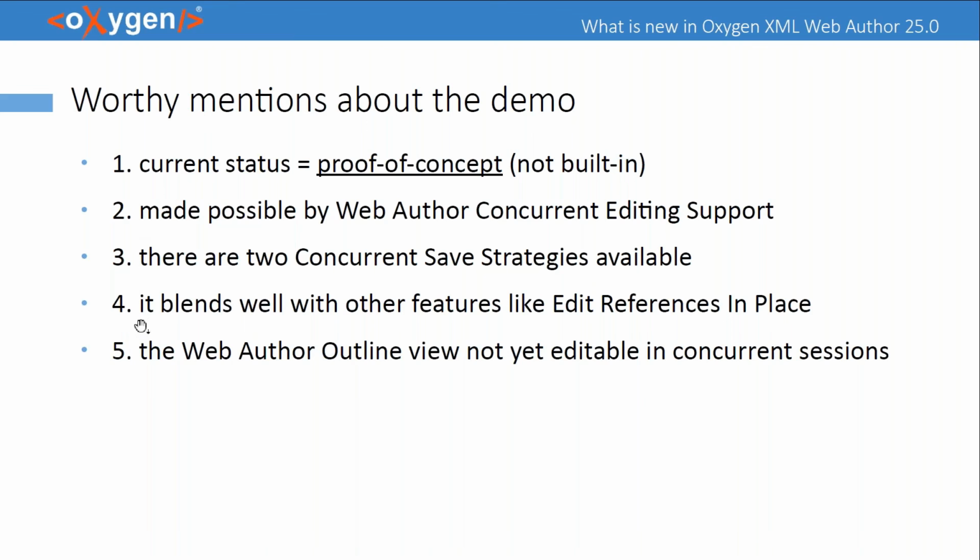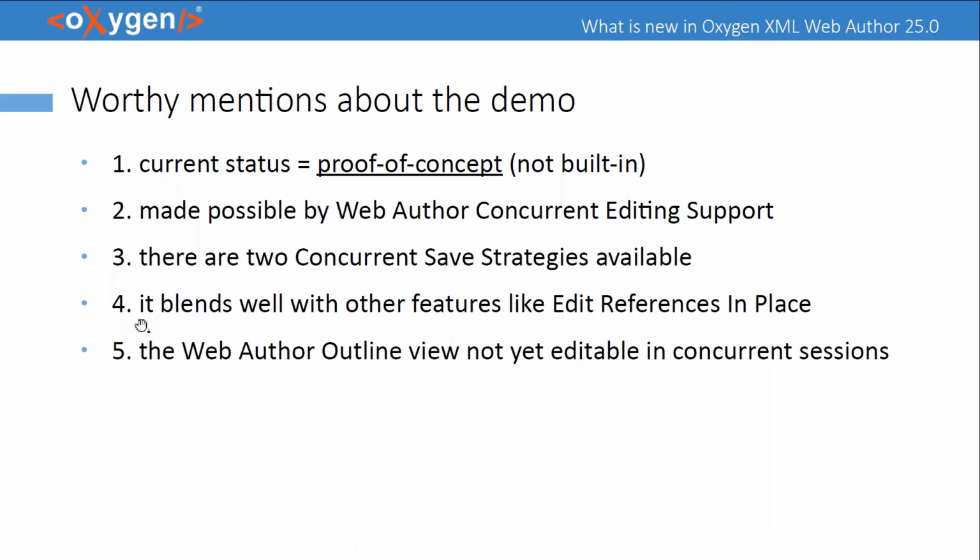This is also an API somewhere in our documentation. Then I want to express the fact that this proof of concept blends well with other features that Web Author offers, like edit references in place.